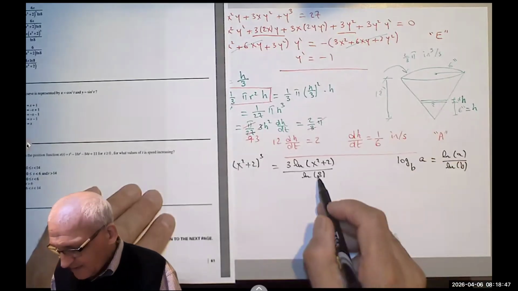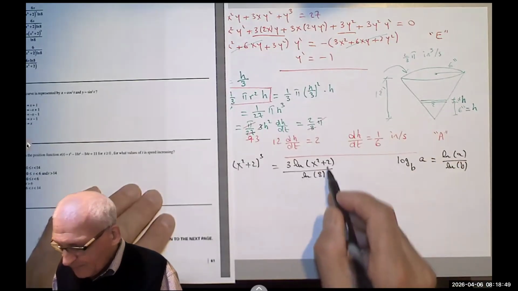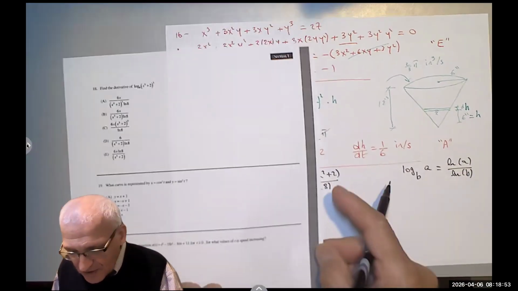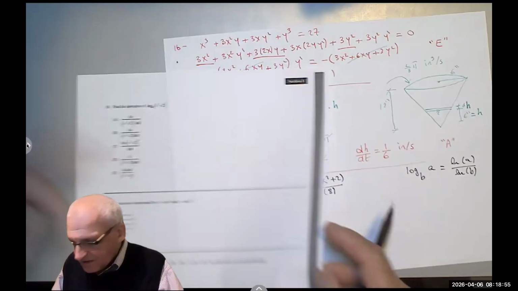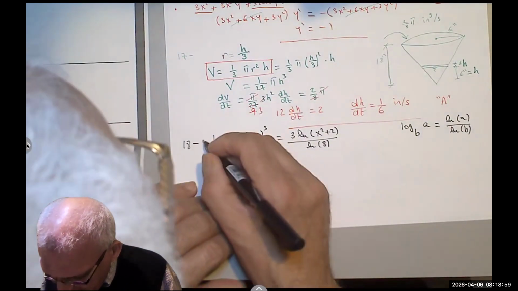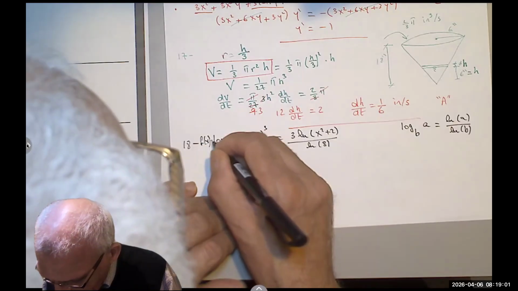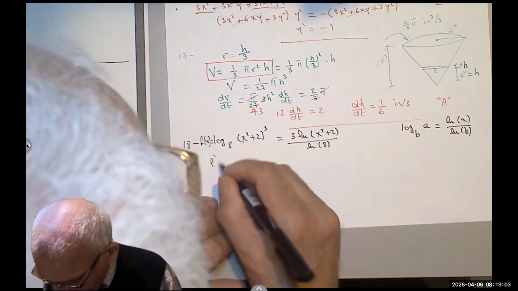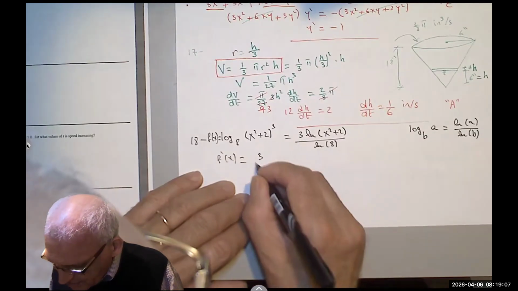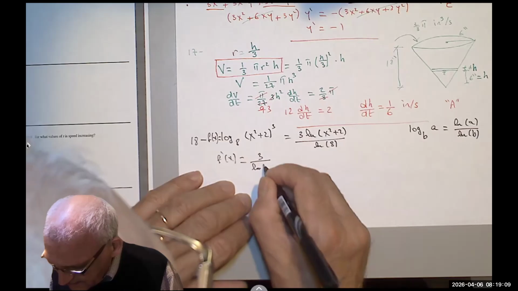I don't know if they want this as natural log of 2 cubed, where the 3 would come down and cancel and you get natural log of 2. No, all of them have natural log of 8. So if this is f of x, then f prime of x: first of all, the 3 over natural log of 8 is a constant.